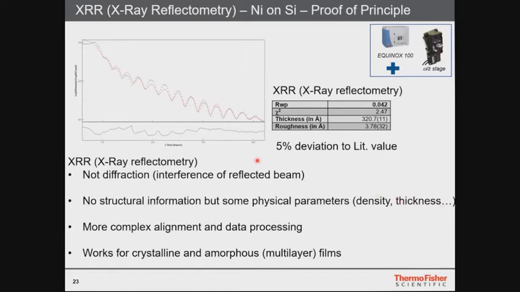This method even works with hundreds of stacks of layers, and the only precondition is that the layers have to be quite thin, something like 100 nanometers, and the sample has to be absolutely perfect. But then it works also for crystalline and amorphous materials. So there is no limitation to crystalline materials for this technique.